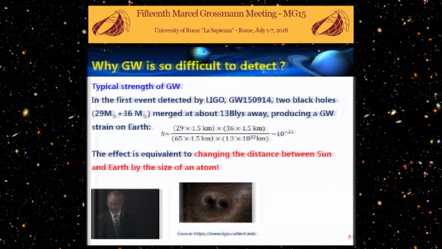In the first event detected by LIGO, 2 black holes of 29 solar masses and 36 solar masses merged about 1.3 billion light years away, producing a gravitational strain on Earth of the order of 10 to the minus 21.